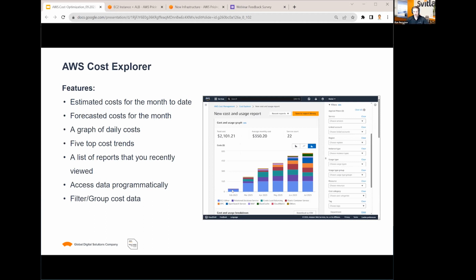Then it grows, and we see that consumption also grows. What could we learn from this picture as a quick analysis? For example, we see that our EC2 Other actually contains a NAT gateway. So this is a VPC with private subnets and public subnets, and we use the NAT gateway service in order to provide access to the internet. So this cost is stable through the months.